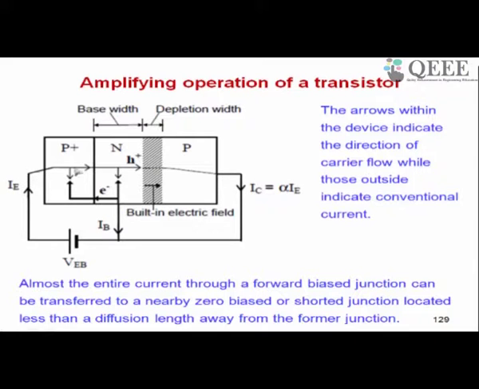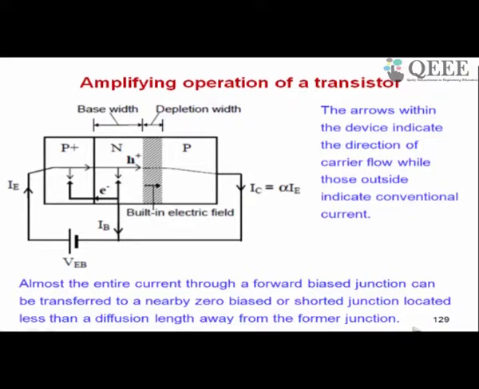You can see the emitter current is lost partly here and partly here, and the remaining is crossing over. So this alpha is very close to 1, but it is less than 1. That is what is said here in the slide: almost the entire current through the forward bias junction can be transferred to a nearby zero biased or shorted junction located less than a diffusion length away from the former junction.